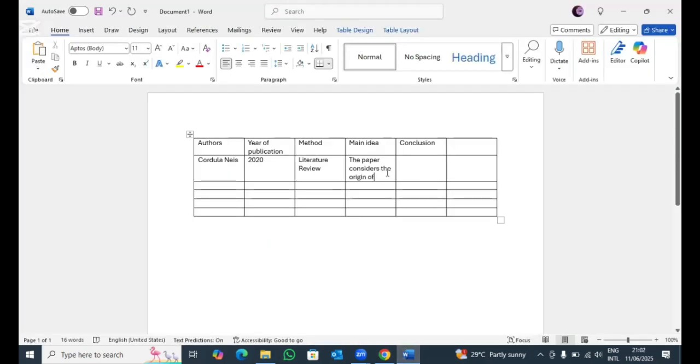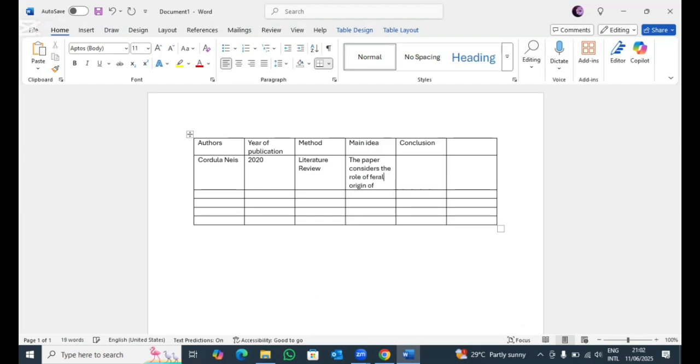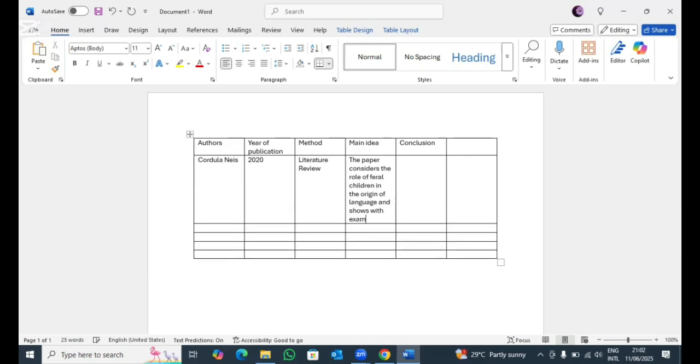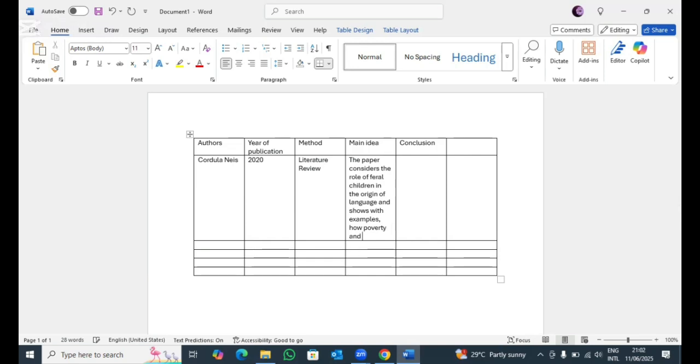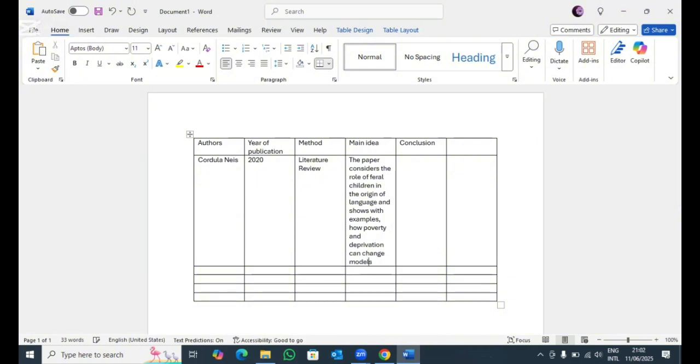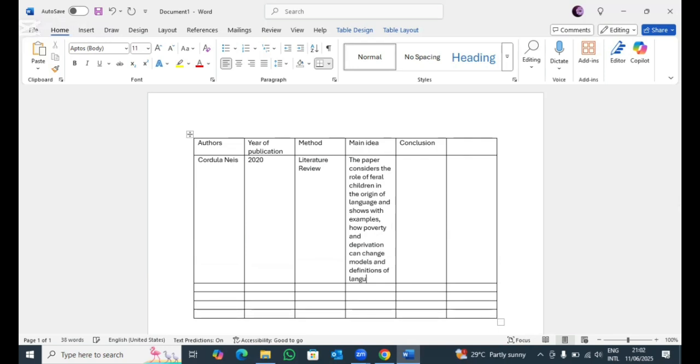The paper considers the role of feral children in the origin of language and shows with examples how poverty and deprivation can change models and definitions of language, right? Now, you could say this is a summary.